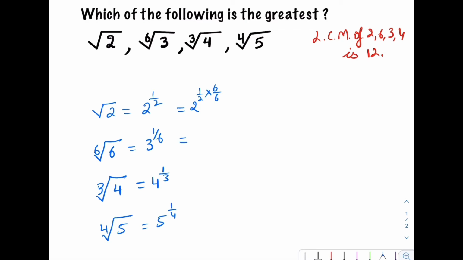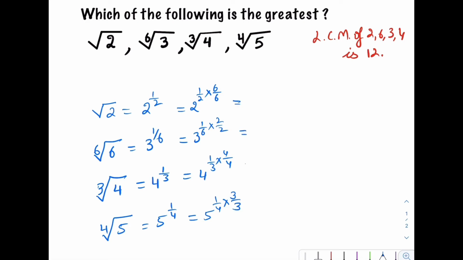Similarly, 3 raised to the power 1 by 6, we multiply and divide by 2. And the third one, 4 raised to the power 1 by 3, we multiply and divide by 4. And 5 raised to the power 1 by 4, we multiply and divide by 3.